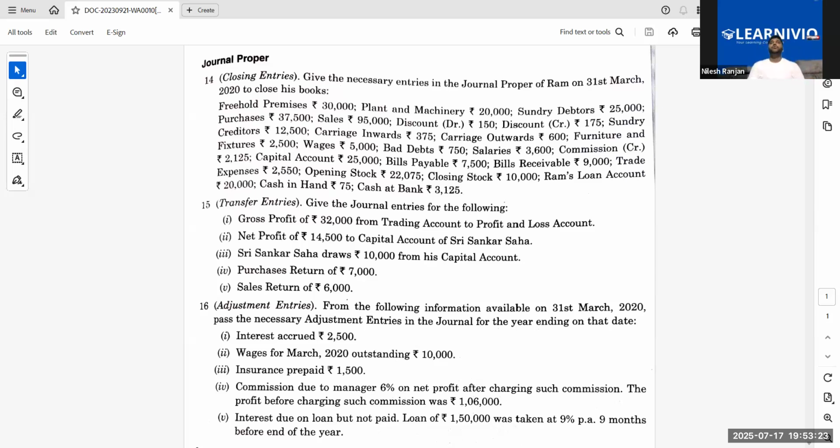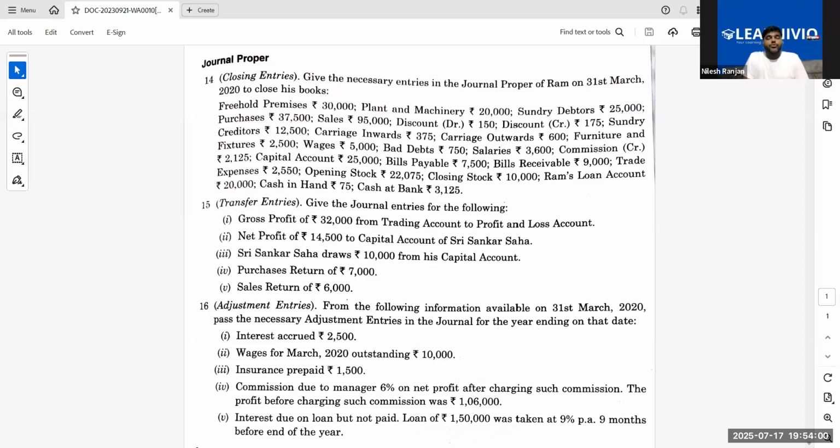Like I told you, if we purchase any asset and there are installation expenses, then it is also added to the asset account. So in the asset value we add it. Let's say that we have purchased a machine of 40,000 and we have paid 5,000 for its installation.